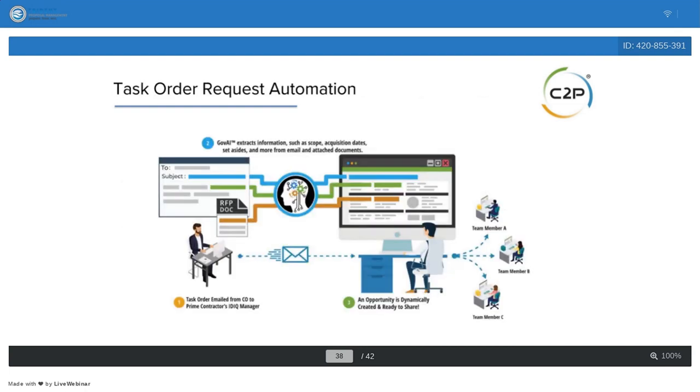So that's really important. When it comes to keeping an eye on those task orders, once you program your CRM and have that in your system, your PMO office should be consistently looking at the new task orders that look like what you're good at. It's not just looking for the new releases and the new recompetes.